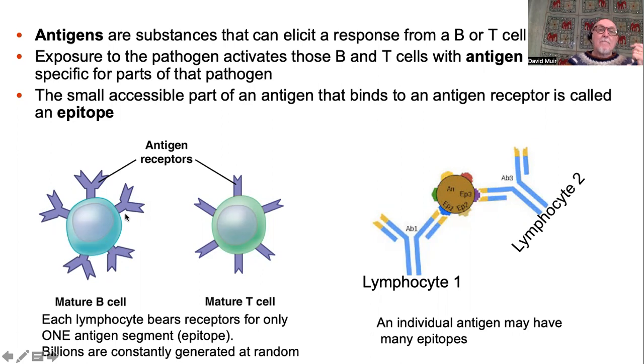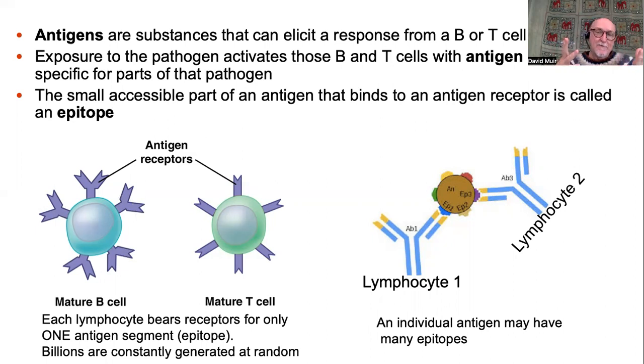We won't go into the way in which it is done, but I'll simply tell you that at random, these receptors are generated in many, many different forms, so that they can bind many different antigens. Each of the new cells which is produced binds one, but billions of cells with different receptors are generated the whole time.